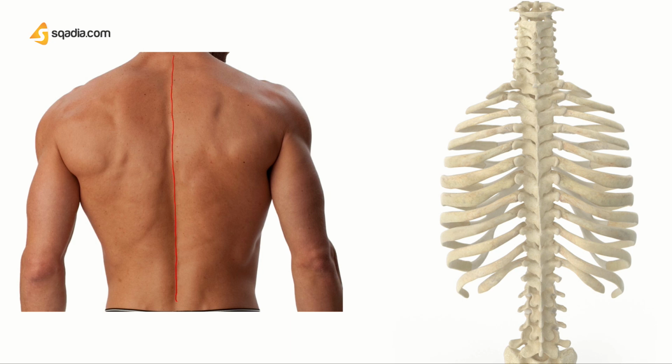These scapular lines run parallel to the posterior median line, and they run right through the inferior angle of the scapula. As you can see, this is the inferior angle of the scapula. This is the scapula here. Okay?